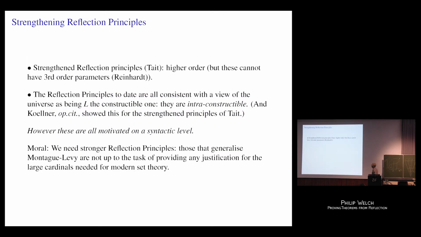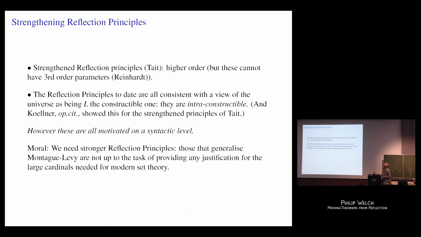As I mentioned, Peter Kellner looked at some strength and reflection principles of Tate. You can talk about higher order logics, but then you have to be careful about parameters that you put into these formulae. This can mess things up. Generally, I am against higher order methods and try to eschew even second order considerations as much as possible.